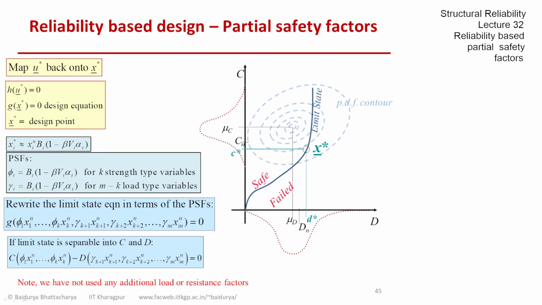And that is actually at the crux of partial safety factor based design and derivation of these partial safety factors. Let's take up an example, a 4-variable example, and see how we can see these points from that example.